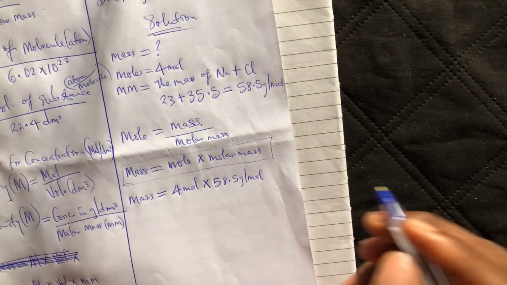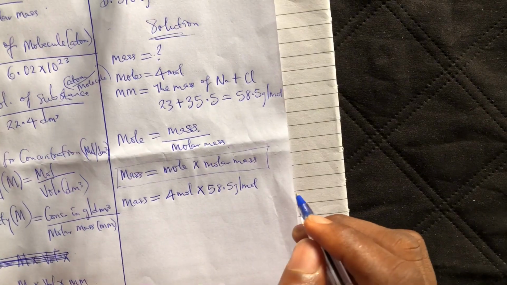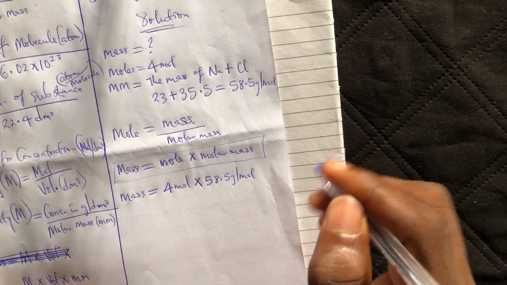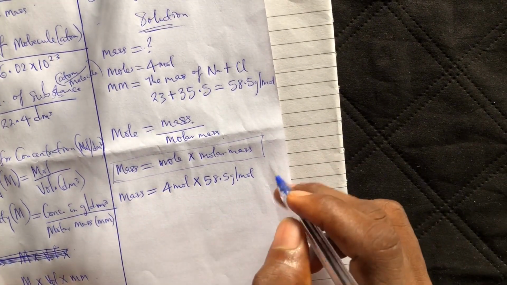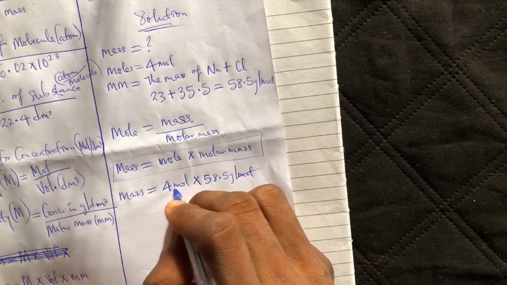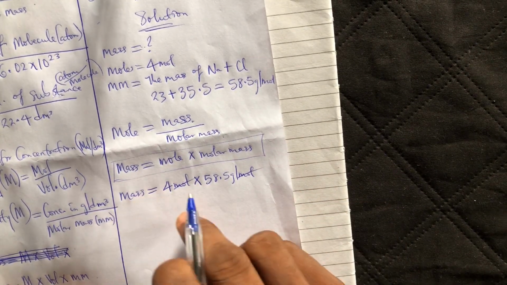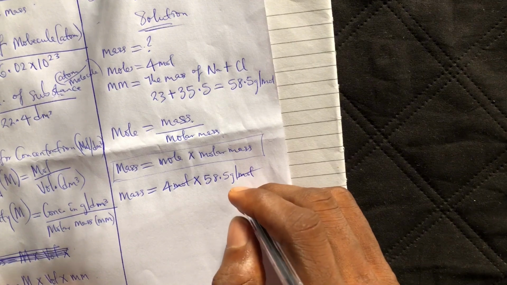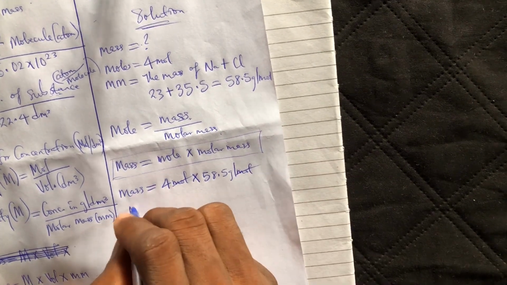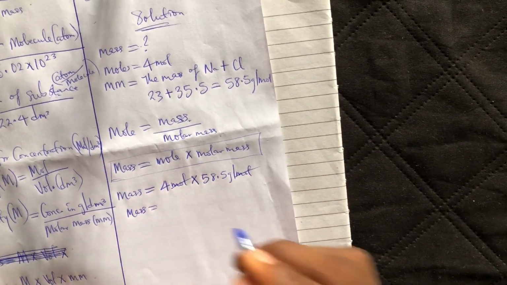All right, is that clear? So now what you are going to do at this point is to cancel out your mole, because what we are actually looking for is mass, and the unit of mass is gram. All right, so our mass now is equal to what?